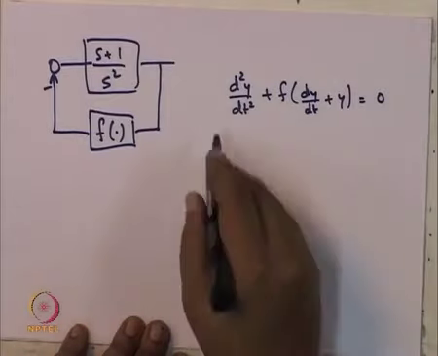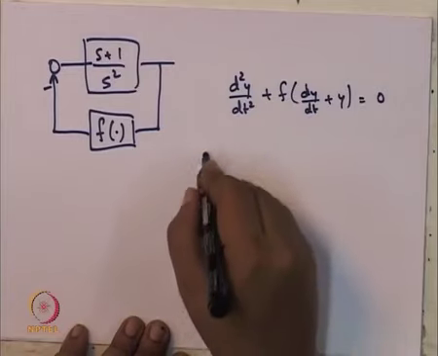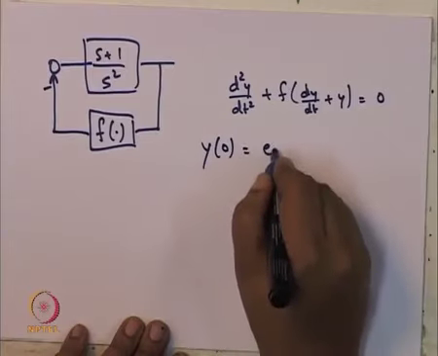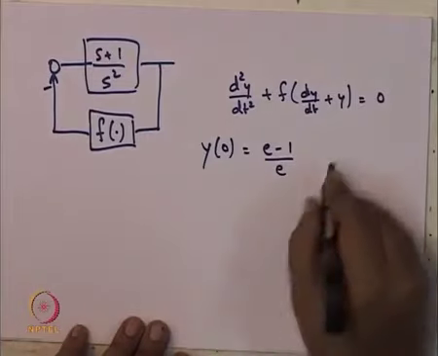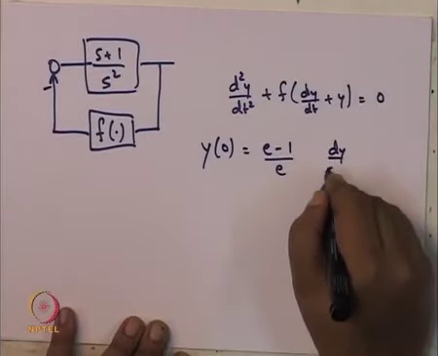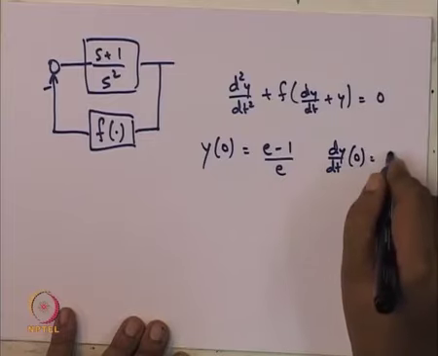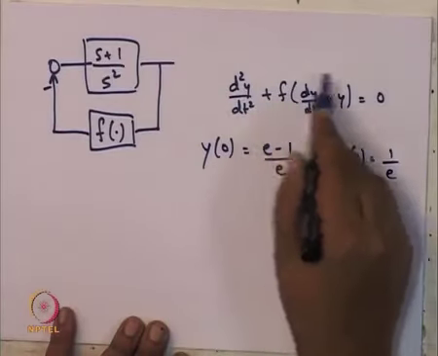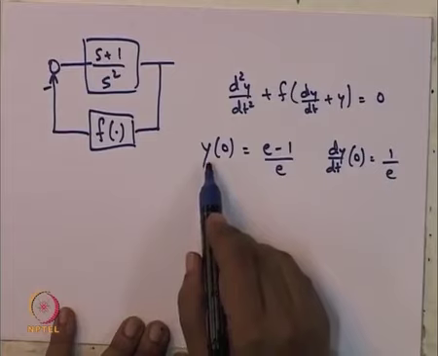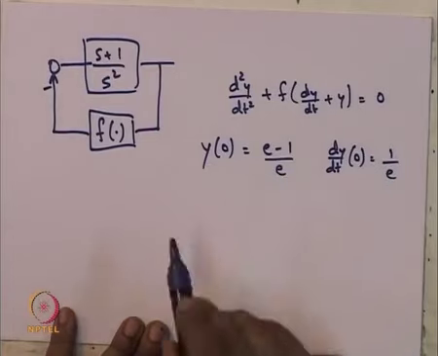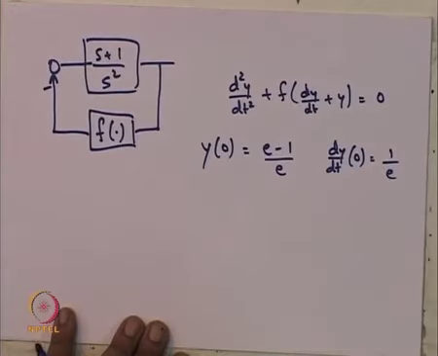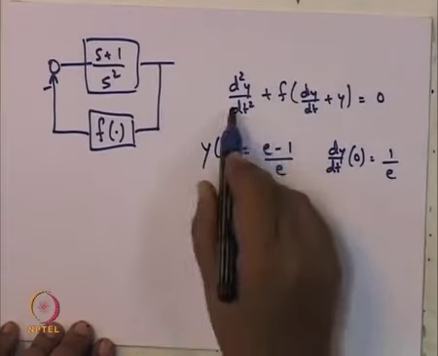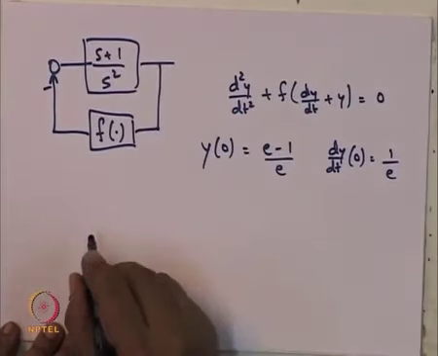Now, for this system, I look at a particular solution, so y of 0 is specified as (e minus 1) upon e, and dy/dt at 0 is specified as 1 by e. Okay. So, one wants to solve this differential equation with the initial conditions y at 0 is (e minus 1) by e and dy/dt at 0 is 1 by e. Okay. So, I claim that for these initial conditions, the solution is given by the following.